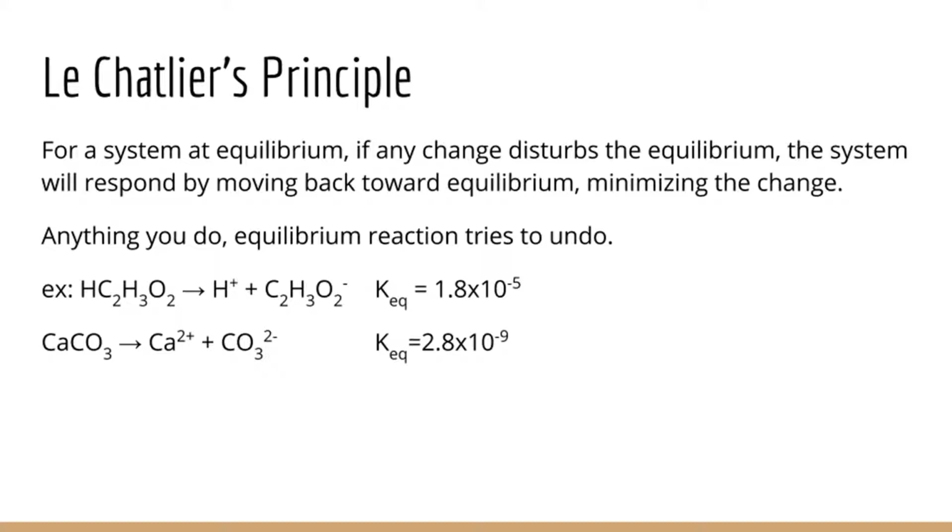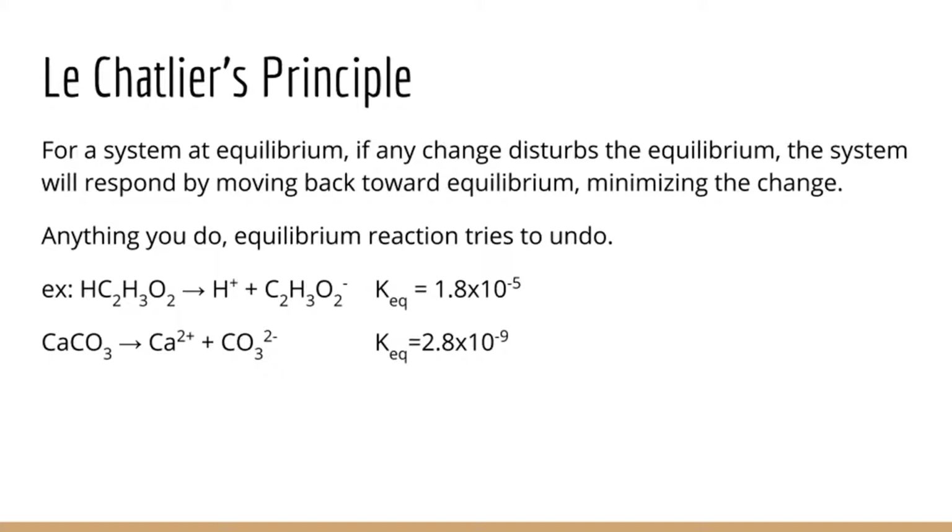Now, on to Le Chatelier's principle. Le Chatelier's principle says that if you have a system at equilibrium, and you disturb that equilibrium, either you change the amount of a reactant or a product, or you change the pressure, if there are gaseous reactants or products, or you change the temperature.